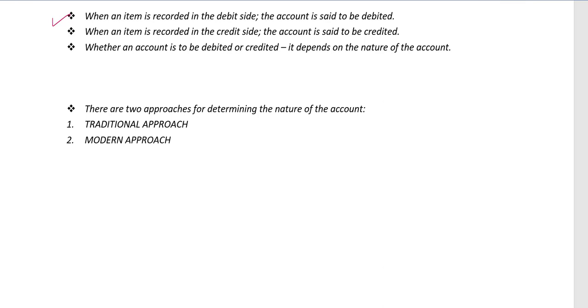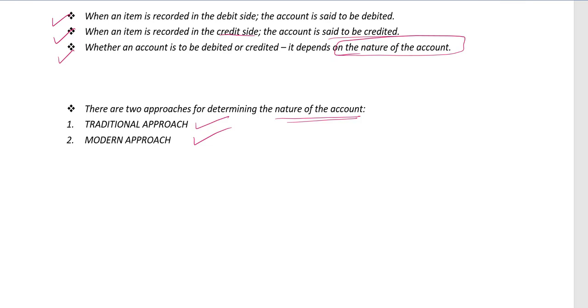And when an item is recorded in the credit side, the account is said to be credited. We also saw whether an account is to be debited or credited depends upon the nature of the account. And there are two approaches for determining the nature of the account. First one is the traditional approach and the second one is the modern approach.